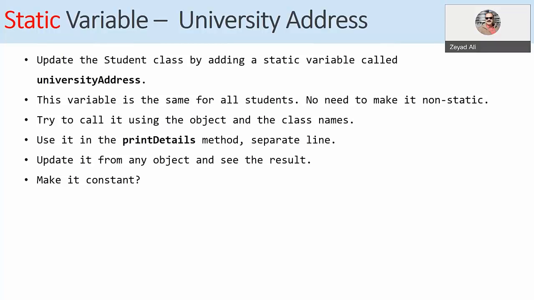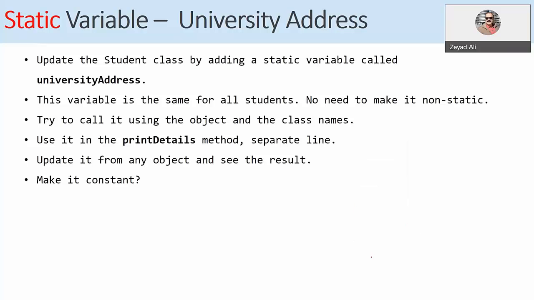One more important thing. If you have static variables in a class, they are not duplicated when you create a new object. All the objects created from that class will share the same static variable available in the class.